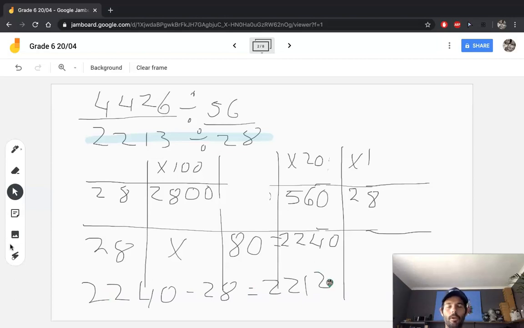So now I know that 28 multiplied by 79 is going to give me 2,212. That means I'm 1 away, so my answer must be 79, remainder 1.